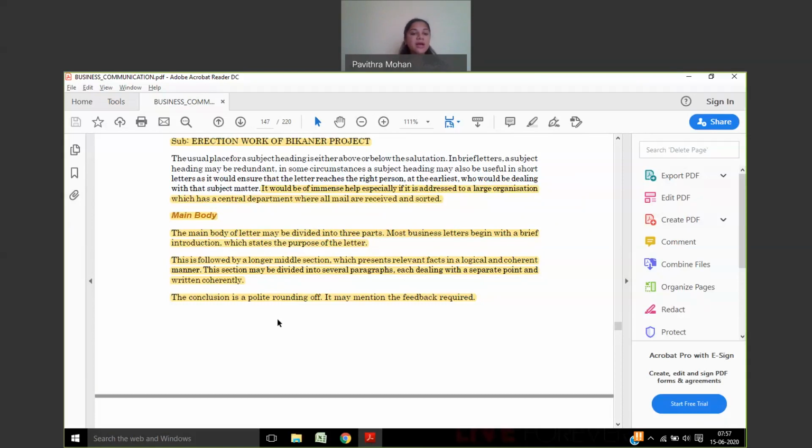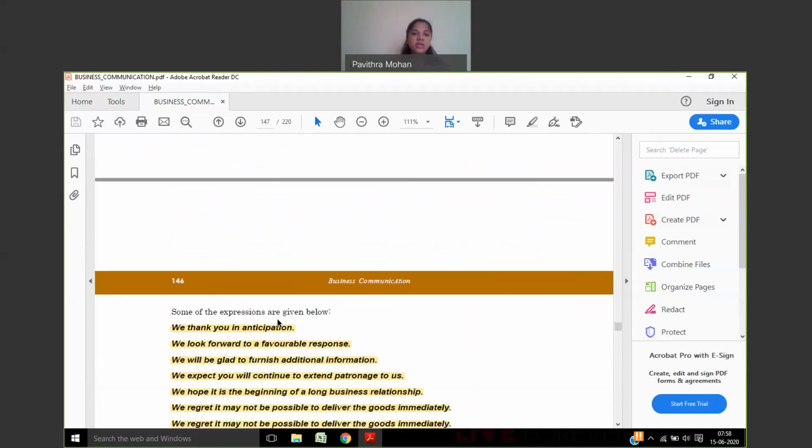Then, followed by this, I go with the conclusion, which is a polite rounding off. Finally we write something like: kindly ensure that the relevant information is hereby provided and pursuant action is taken. Something like this can be given in the last sentence to ensure the information is complete.